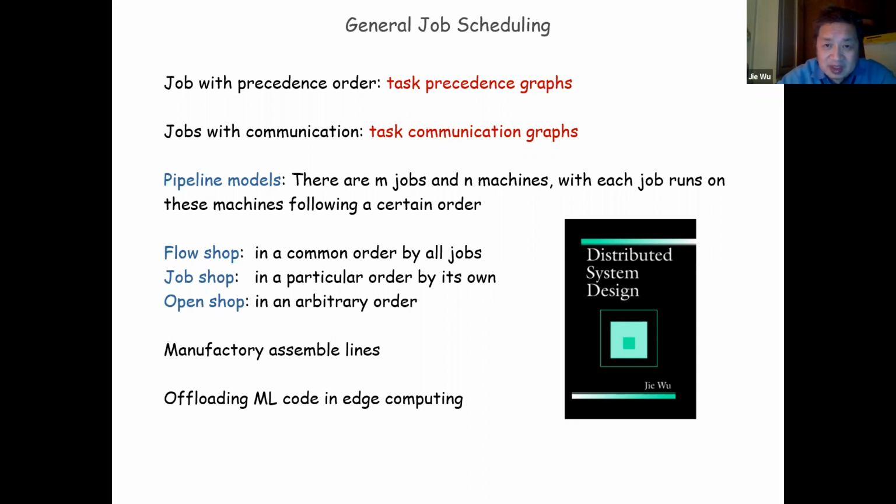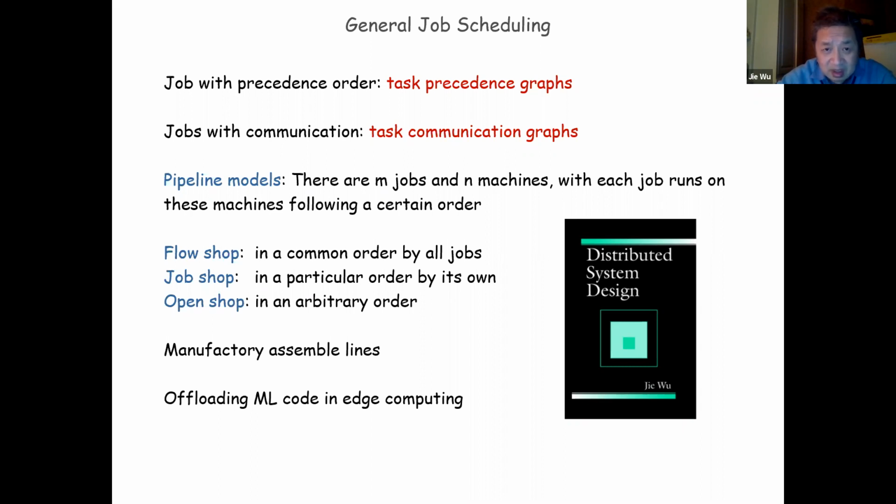Another important thing is one popular model called the pipeline model. What do I mean by pipeline model? You have a bunch of jobs in a batch. Just imagine pipelines like an assembly line in a factory, for example, at a car manufacturer. If you assemble a car, you have to follow a certain sequence, step by step.